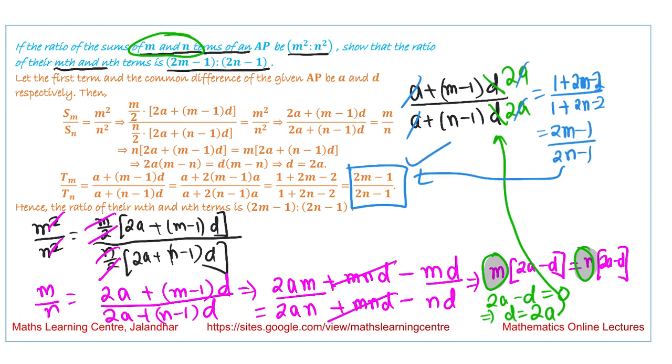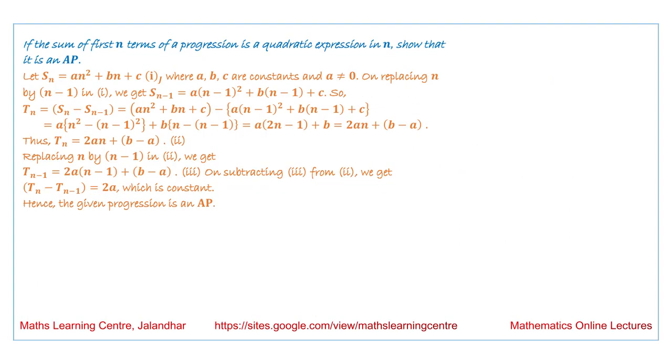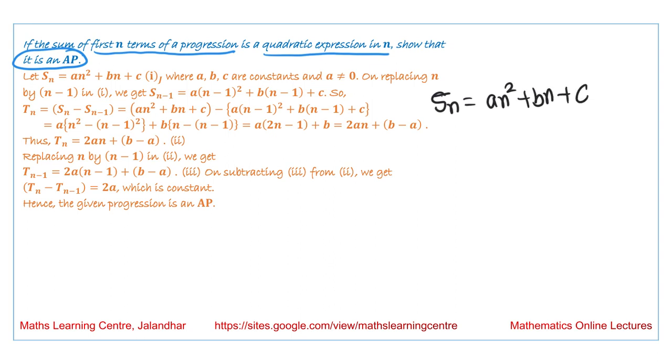Next is, if the sum of first n terms of a progression is a quadratic expression in n, we have to show that it is an AP. So quadratic expression in n means that the value of Sn is given to be an square plus bn plus c.